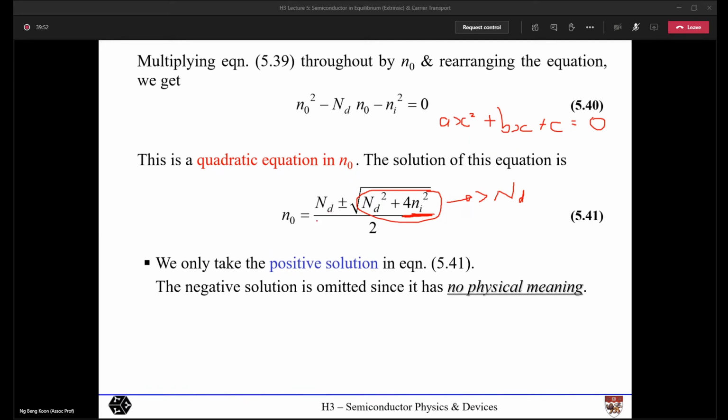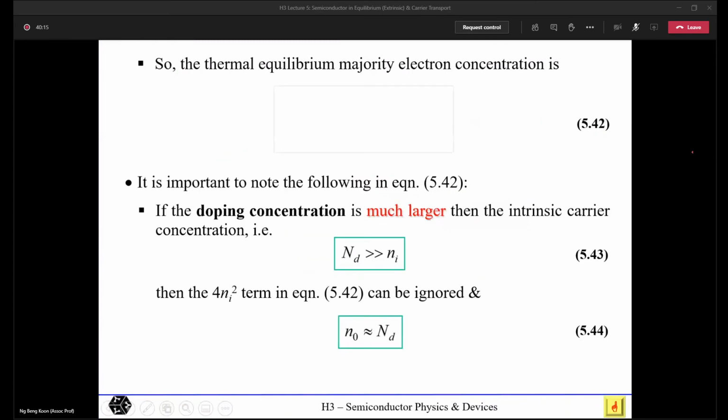If you subtract that away from ND, the N naught actually becomes negative. A negative electron concentration is not feasible, right? Because you don't have negative particles. So we can omit the negative solution, and that leaves us the positive one.